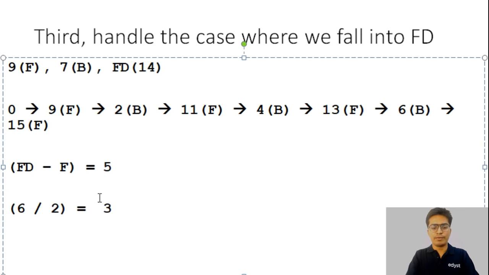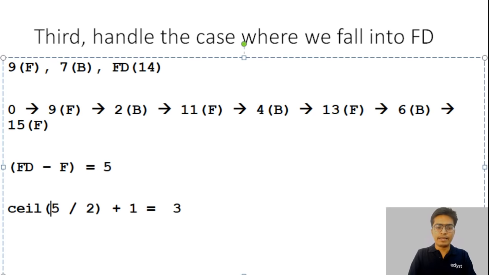So here what we would want to do is ideally this, right? 5 divided by 2 plus 1, which would again be 3 here because we're considering the integer division. If not, the easier way to do it is to just take the ceiling, or to round it up. So if you had 6 divided by 2, it would give you 3.